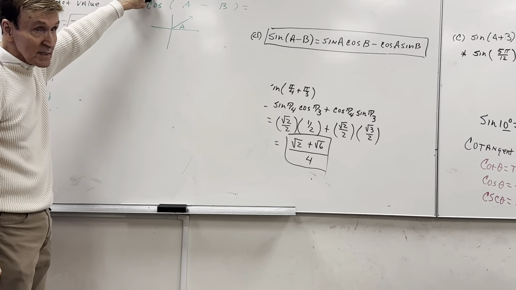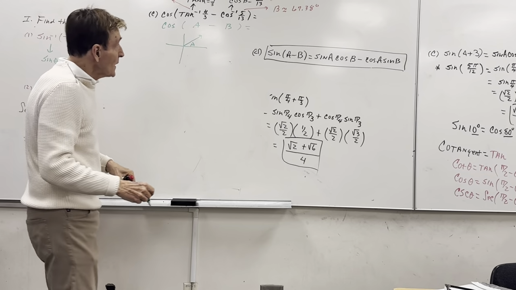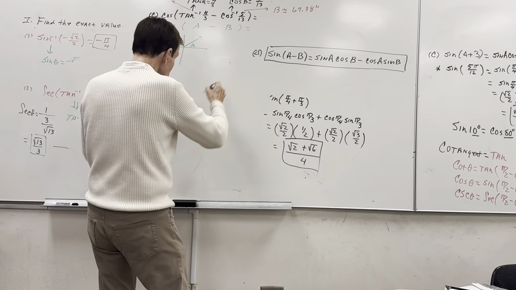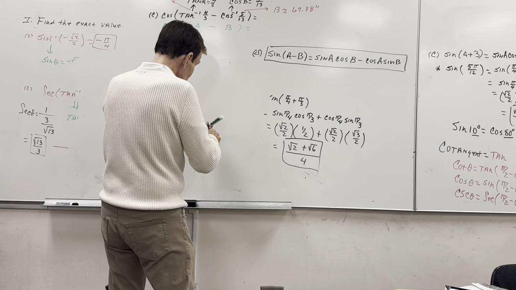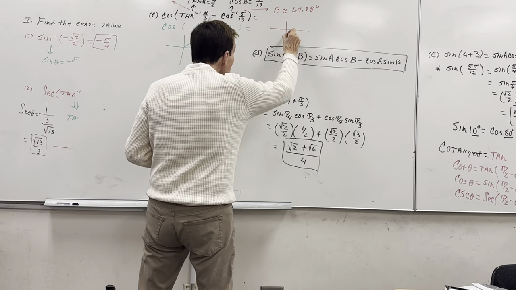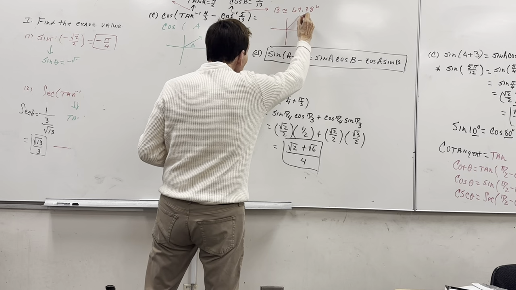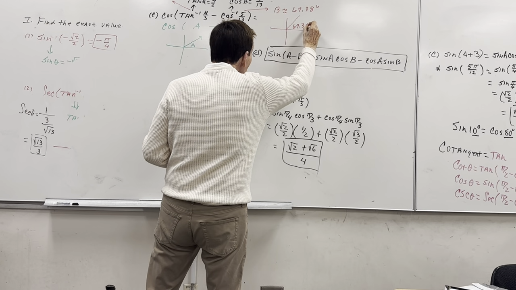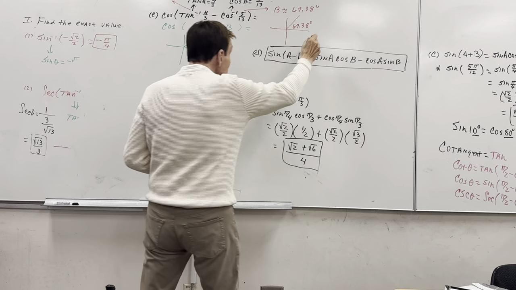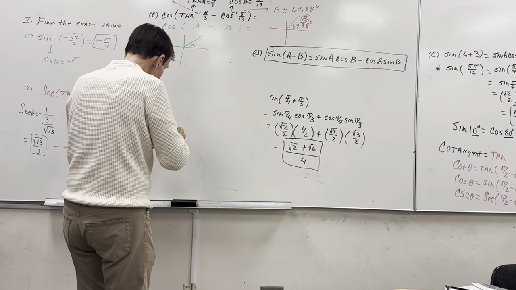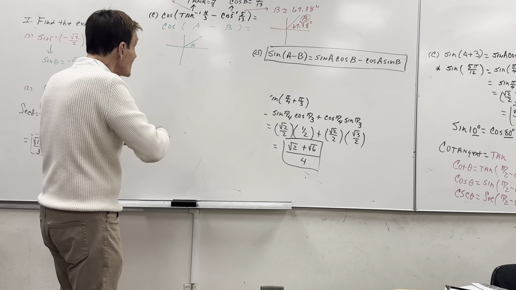In fact, she says this one should also be in quadrant 1. We'll make it easy. And let's set something like that. And this is angle B. This is angle A.